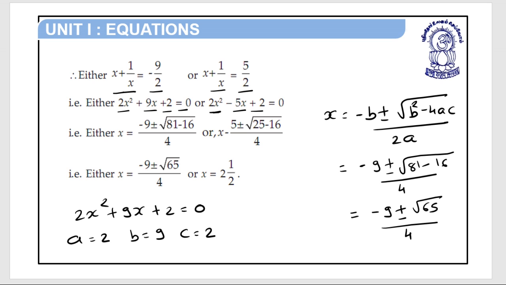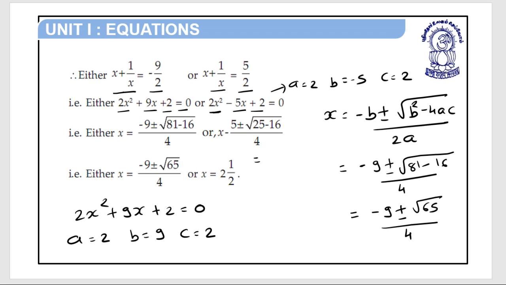Same way for equation 2x square minus 5x plus 2. Here a is equal to 2, b is equal to minus 5 and c is equal to 2. Put the values of a, b and c in minus b plus or minus under root b square minus 4ac upon 2a. So b is minus 5, so minus minus becomes 5 plus or minus under root of 25 minus 16, means 9.